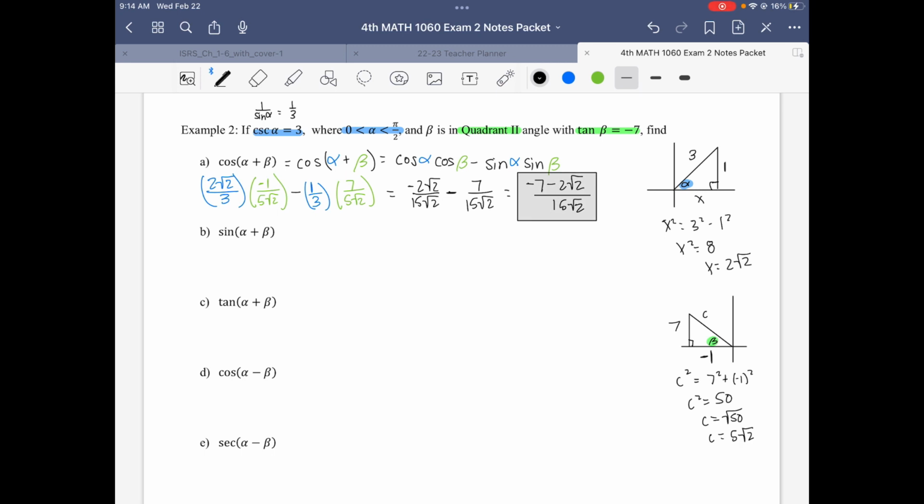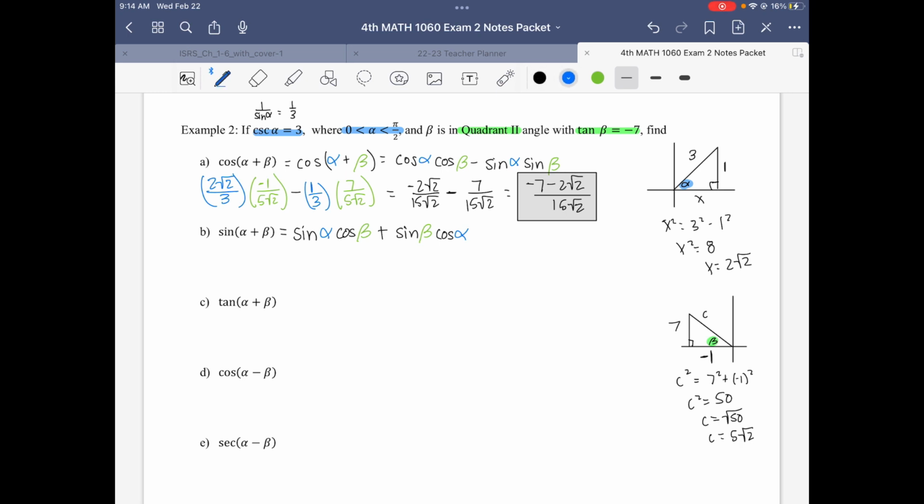Now, if it were to ask us for sine, this would be the sine of alpha multiplied by the cosine of beta. It was plus, and we're dealing with sine, so it'll be plus the sine of beta multiplied by the cosine of alpha. We already have these values.